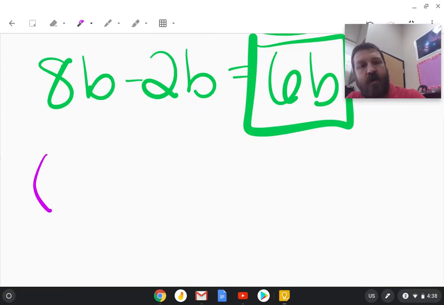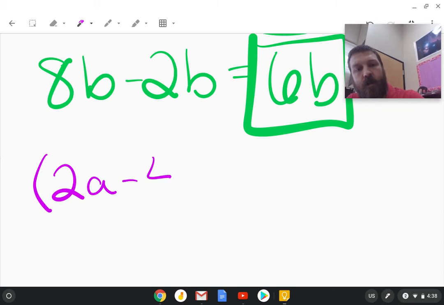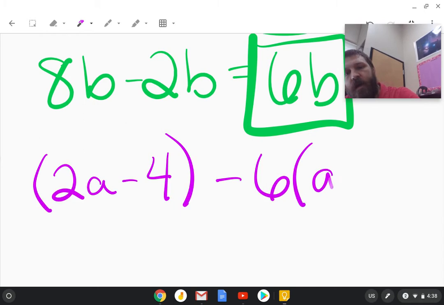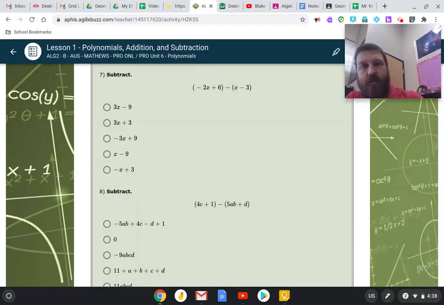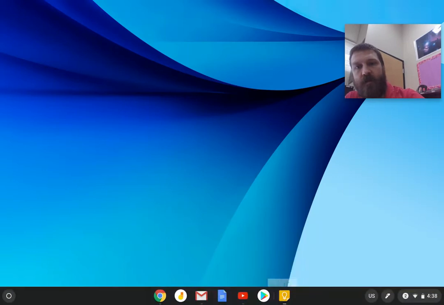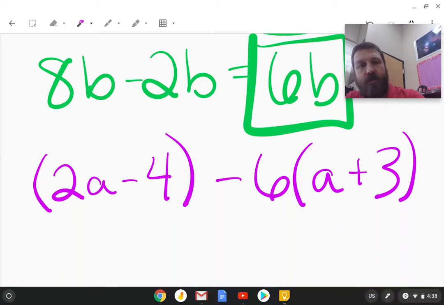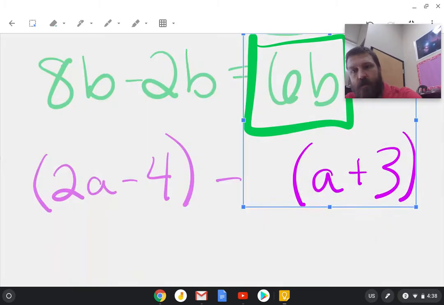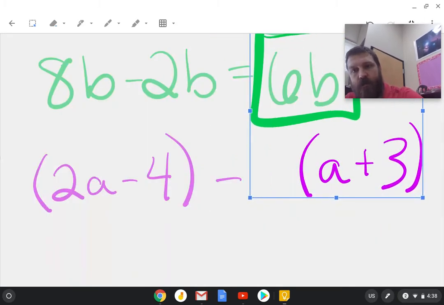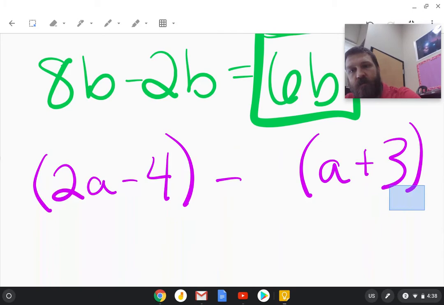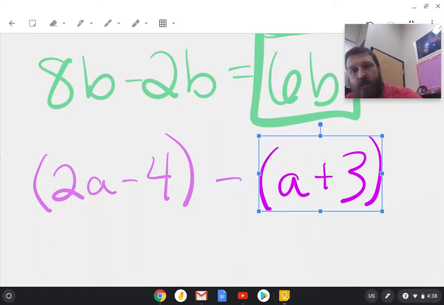So let's just say we have 2a minus 4 minus 6a plus 3. That's not quite like what we have, but we'll do this one anyway. Actually, I'm going to make one change here. Let's try this again.